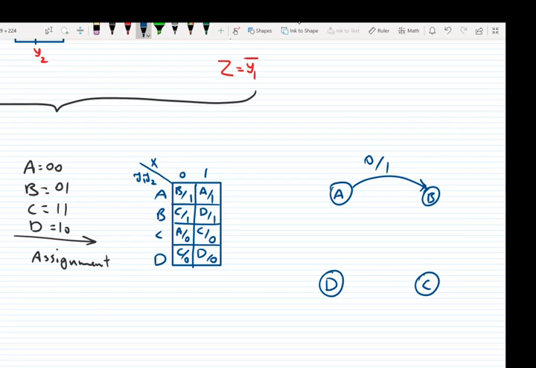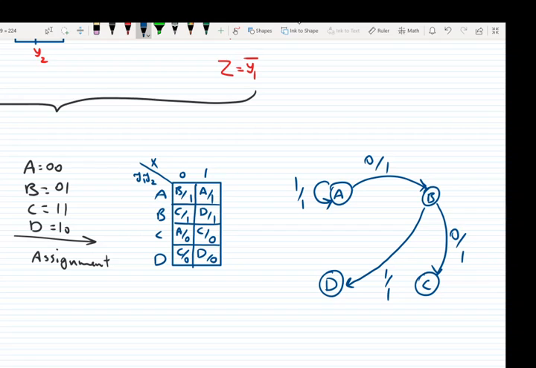If we are in A, input is 1, the state doesn't change and the output is 1. If the state is B and input is 0, it changes to C and the output will be 1. If state B and the input is 1, it changes to D and the output will be 1.